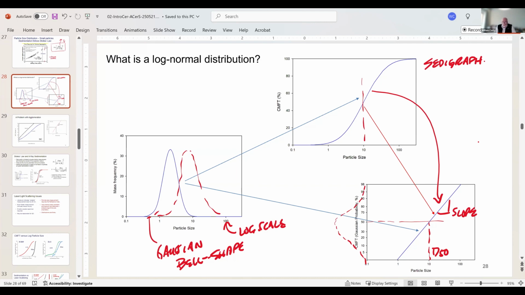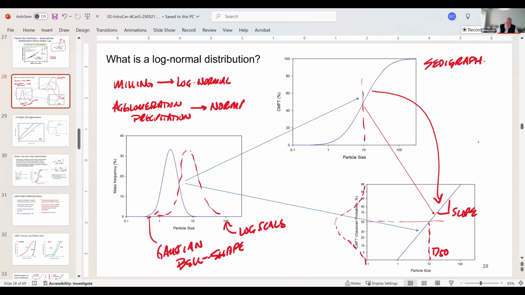Powders that are produced by milling or comminution tend to be log normal. Powders produced by agglomeration or precipitation events tend to be normal. What does that mean?